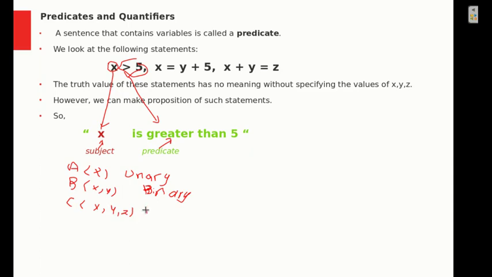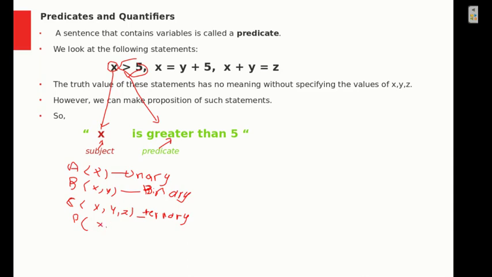So A of x is unary, B of x, y is a binary predicate, and C of x, y, z is a ternary predicate. And the last one, we can put P of x, y, z and t.